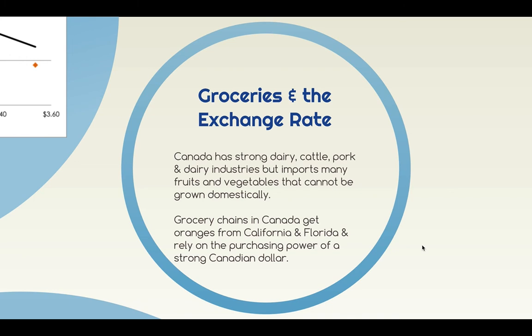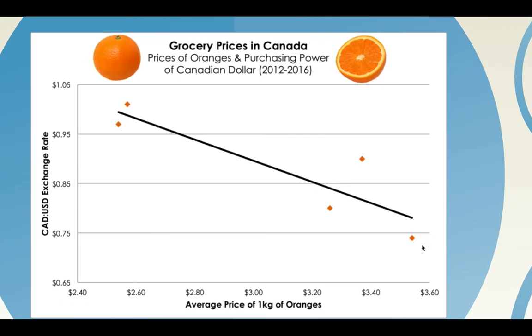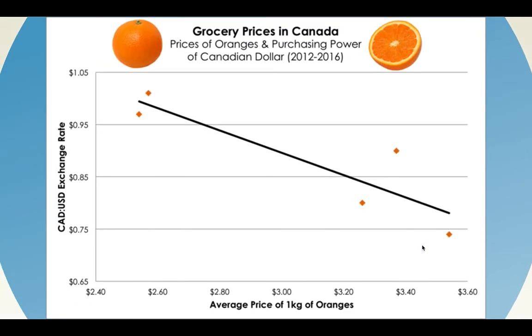from the US. Here you can see the price of the Canadian dollar lately, and it's actually further below the US dollar at the time of this screencast recording. But it changes from day to day. And then here's an everyday item: 1 kilogram of oranges. I went back to look at the history of that item over the years, and on the y-axis is the exchange rate.